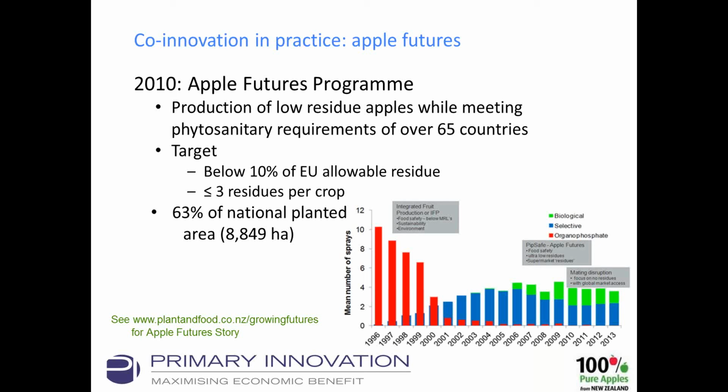So it was a major achievement from going to two massive requirements that would potentially turn the whole export upside down, to having 63% of our national planted area being able to deliver to these requirements.